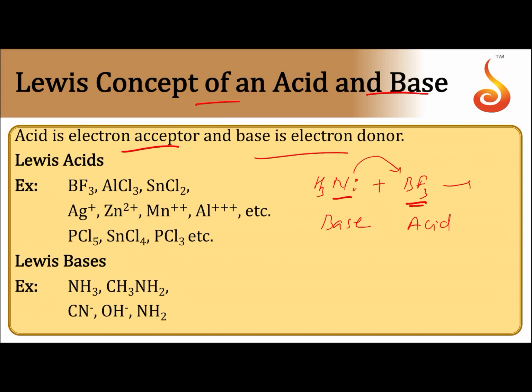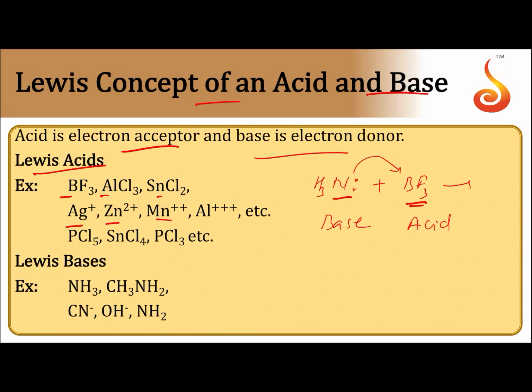So we take examples of Lewis acids here. All neutral molecules with less than an octet around the central atom will be Lewis acids, because they are going to accept electron pairs. We can take all cations with vacant orbitals, which also accept electron pairs, so they are also Lewis acids.